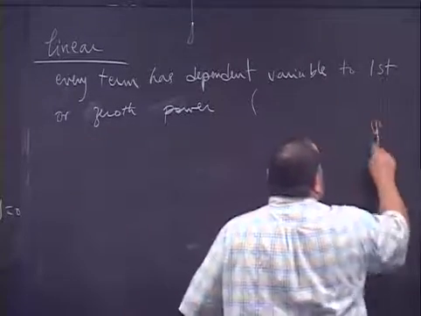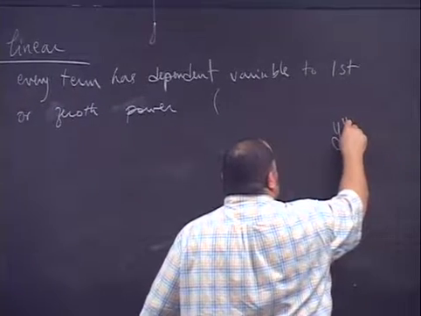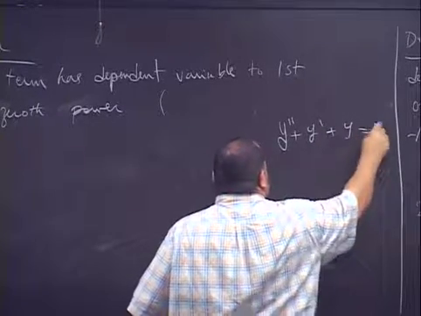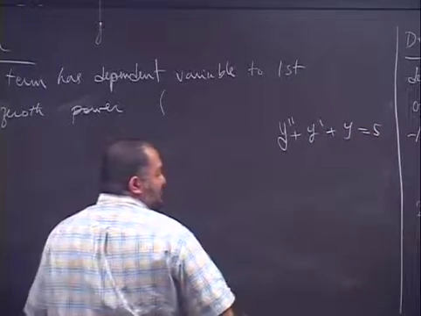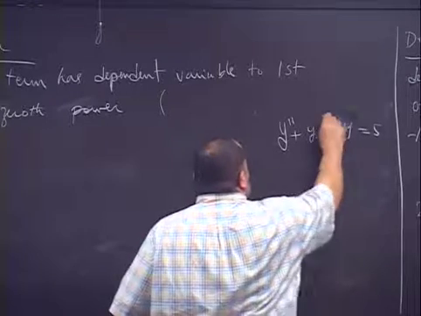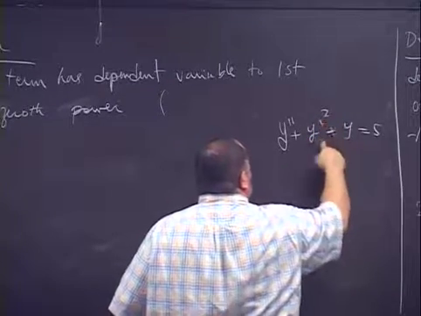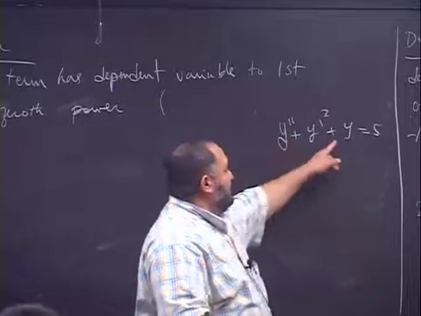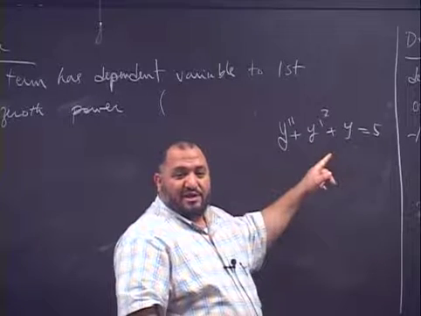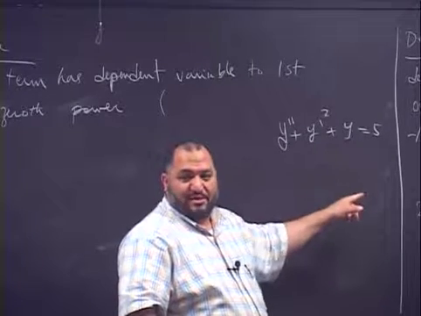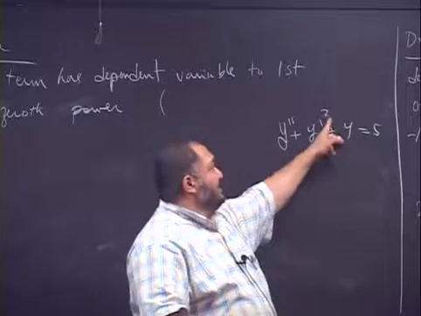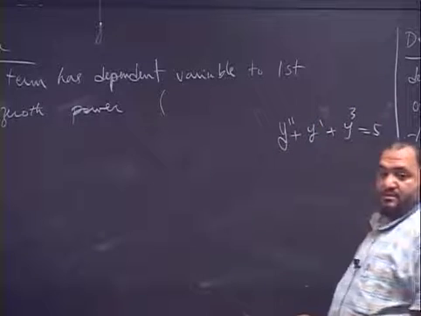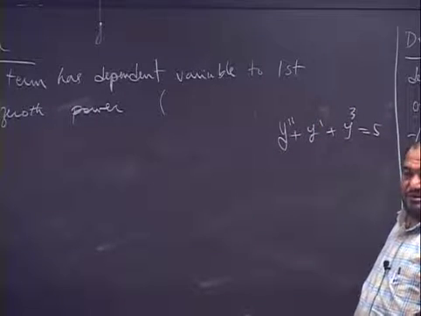If I have y double prime plus y prime plus y equal to 5, this is a linear equation. If it is y double prime plus y prime squared, it's nonlinear. Why? Because the dependent variable should not be of power other than 0 or 1. This is raised to the power of 2. Nonlinear.